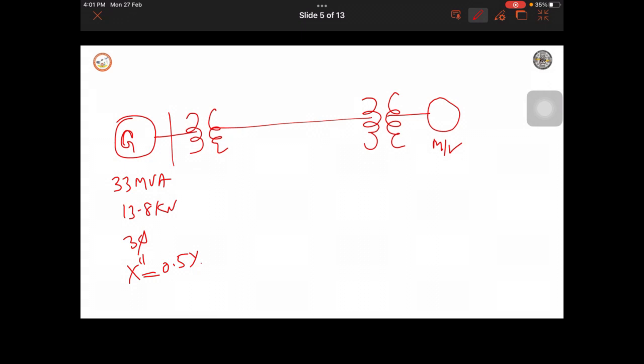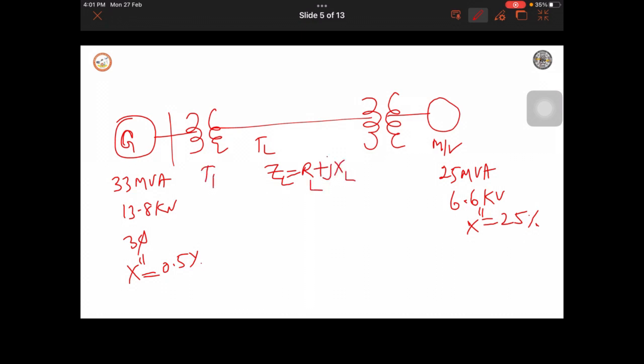Similarly, the motor is 25 MVA, 6.6 kilovolt, 25% reactance. Next, the transmission line: I told you how to calculate the ZL in the previous.